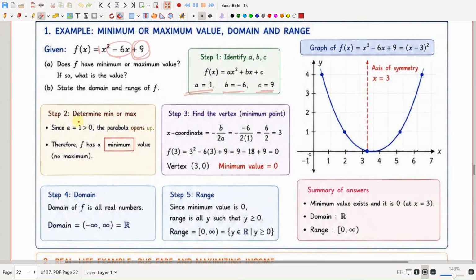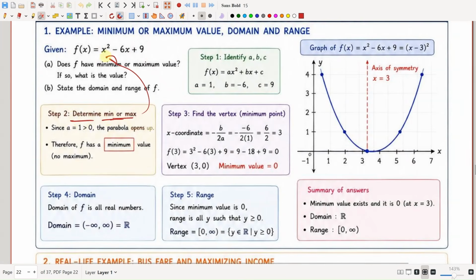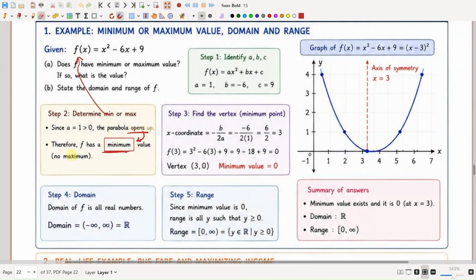Okay. Now we have to determine whether there is a minimum or maximum value for this function. Since a is equal to 1, it is greater than 0, which means the parabola opens upward. So whenever a parabola opens upward, f has a minimum value, no maximum value. See, a greater than 0 means open upward, only minimum value.